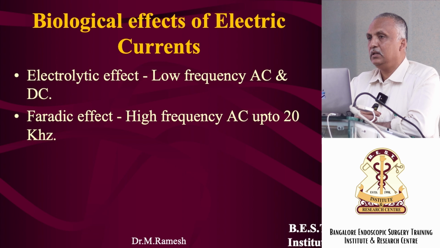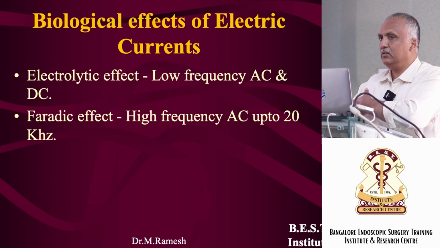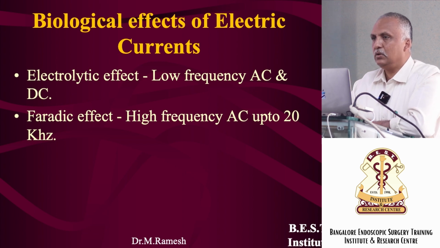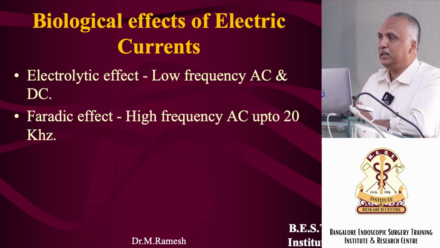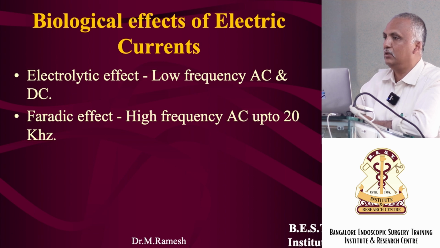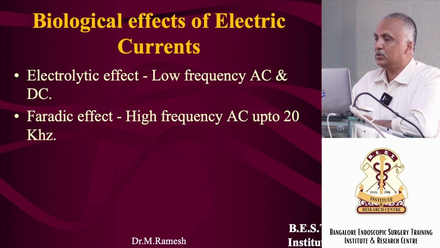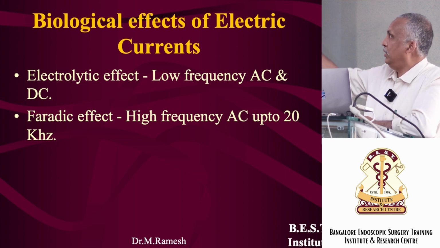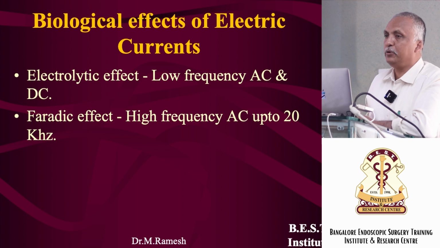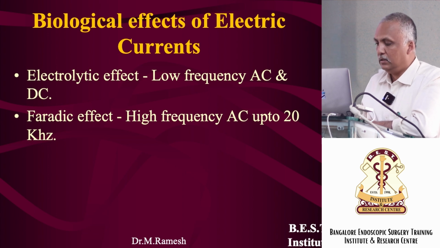There is a neuropraxia. The nerve is stretched and then the nerve is paralyzed. So there you want to stimulate the nerve and you want to make it work. So you are basically doing muscular stimulation. That happens when you have electricity of up to 20,000 hertz.